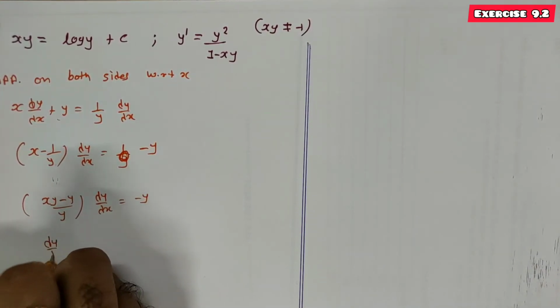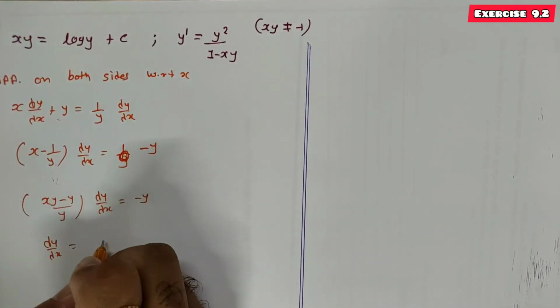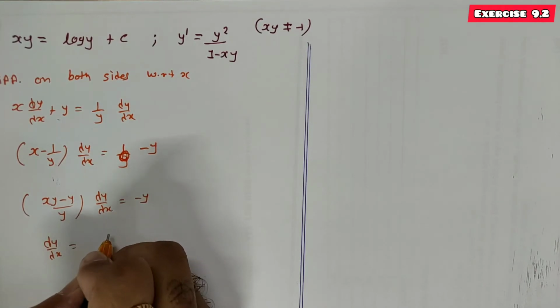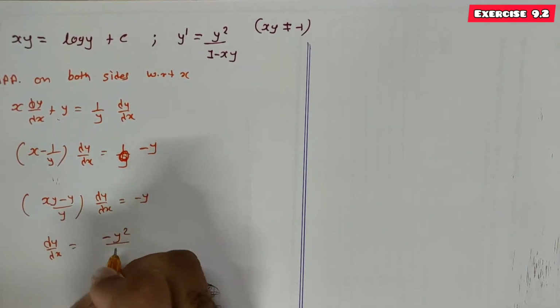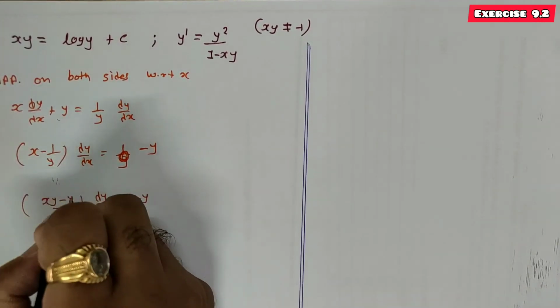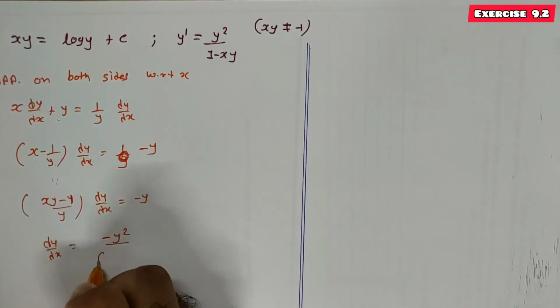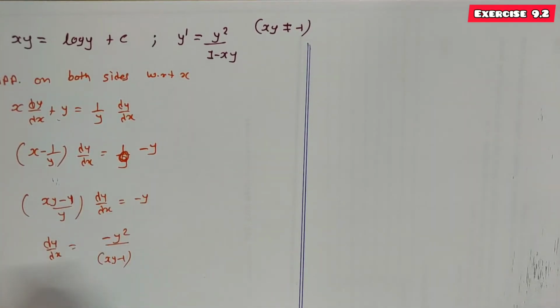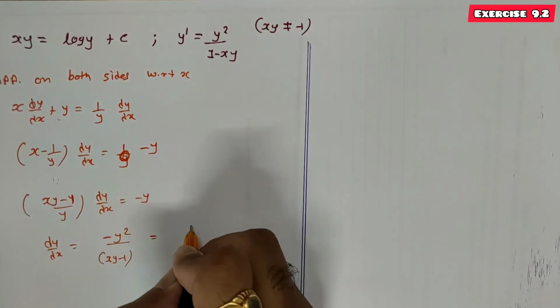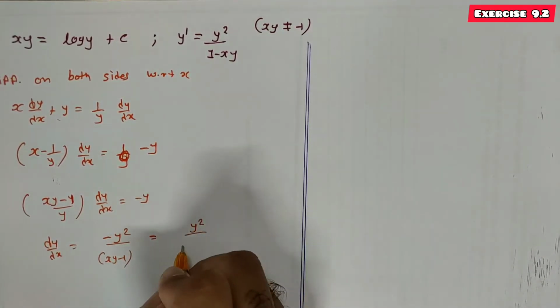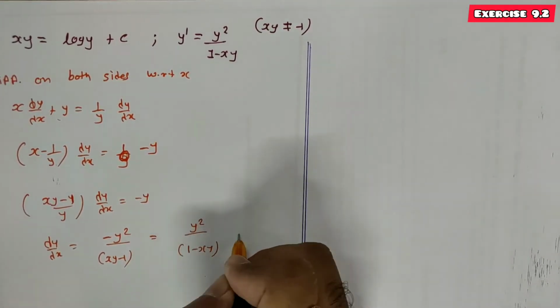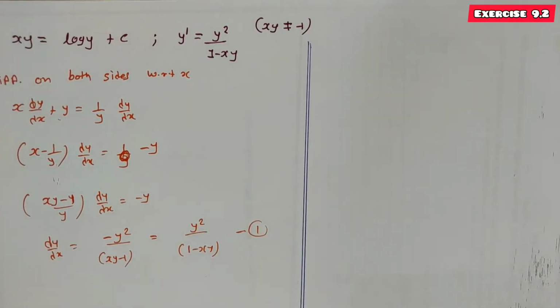So our dy by dx is minus y square upon xy minus 1, or we can also write this one as y square upon, taking minus sign common, 1 minus xy. Say result number 1.